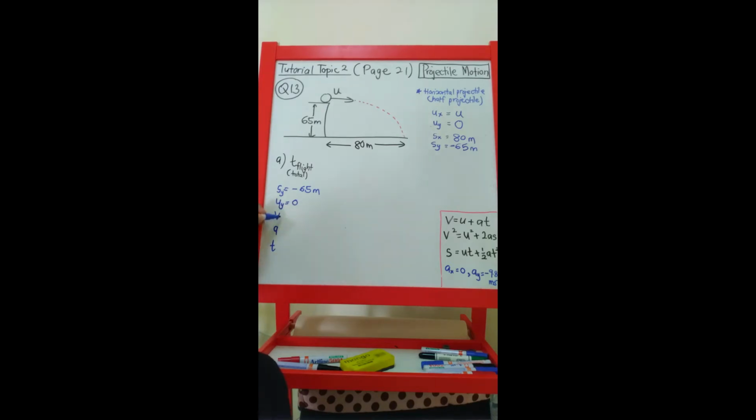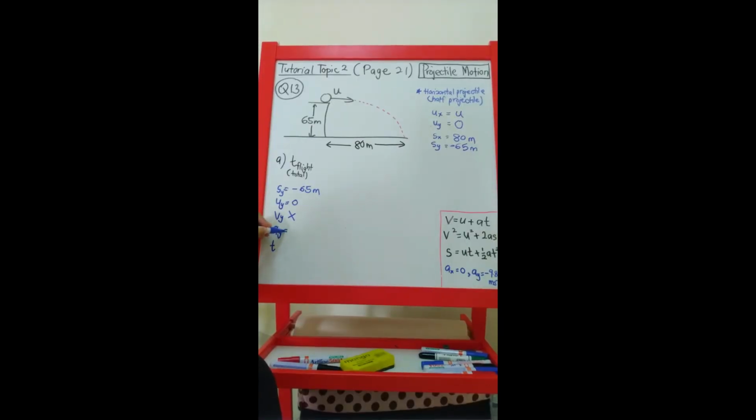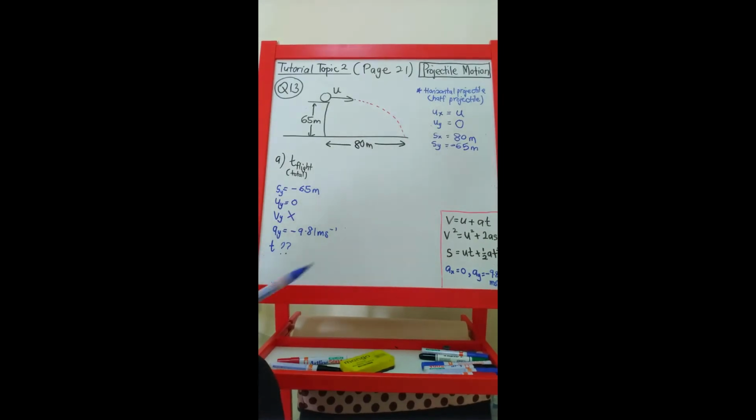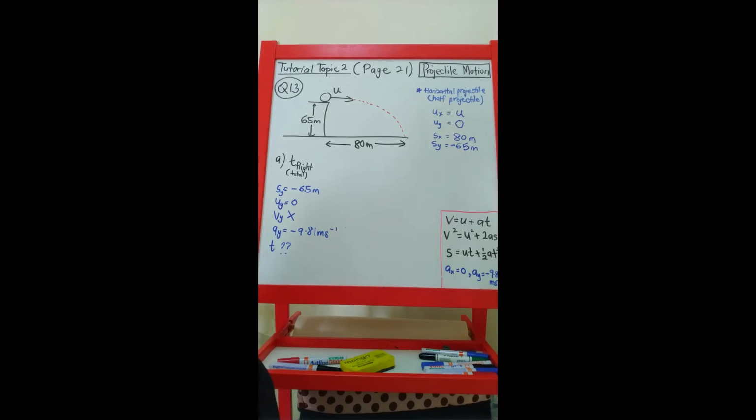Vy, we don't have any information regarding Vy. Ay always equals negative 9.81, and time is what we're going to find. Therefore we don't have V. Again, from these Suvat equations, choose the most suitable one, obviously the one without V, so this one.